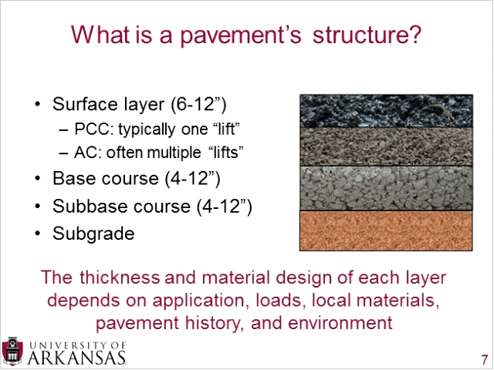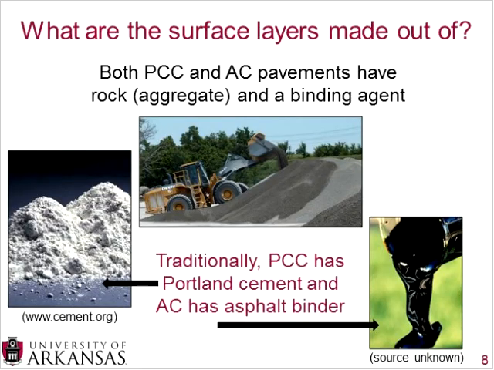Obviously, there's warmer and cooler environments across the country, across the state of Arkansas even, and also the amount of moisture and other factors, the amount of rain and amount of freezing that you have. So these are all factors that go into determining what the pavement structure is.